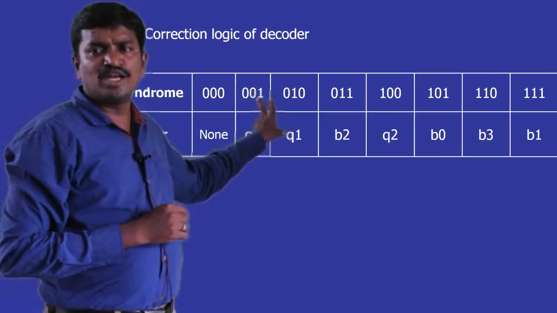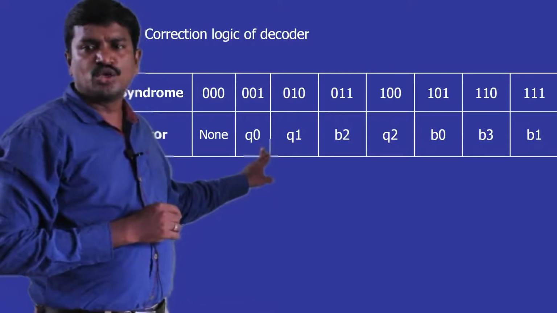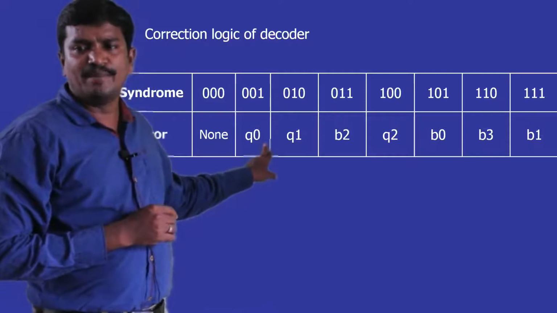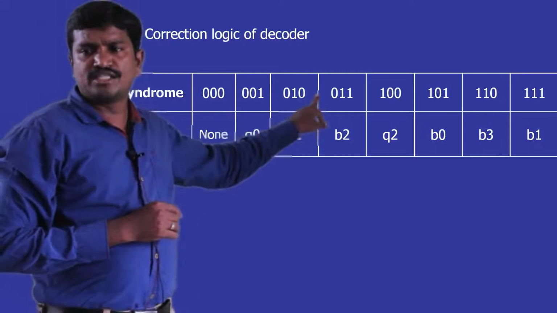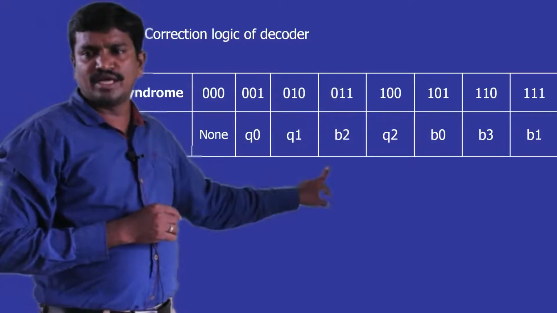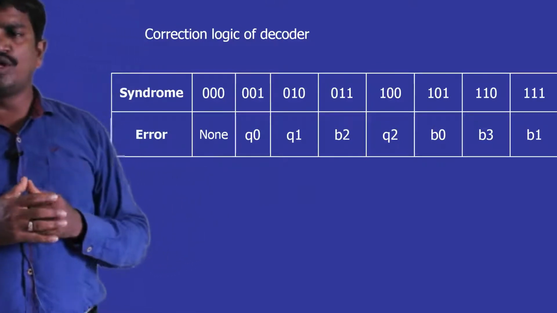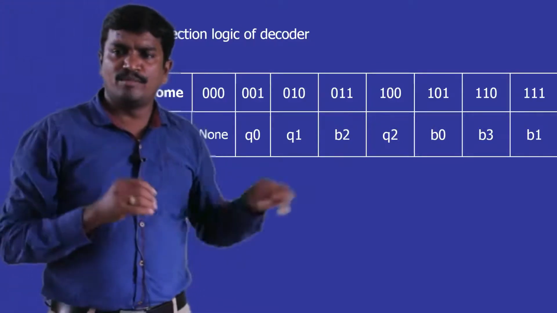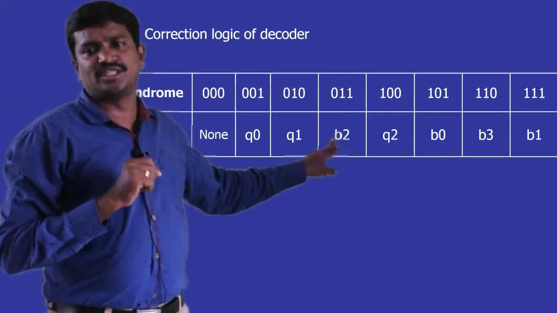When the syndrome value is 001, it is Q0. Q0 is the bit which we want to update. When the syndrome value is 010, it is Q1, and when the syndrome value is 011, then B2 is the one which is corrupted. So how are we going to determine this? Only this bit is corrected for this syndrome. This we need to understand.